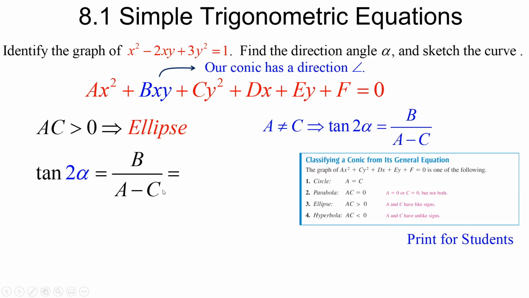And that equals, well, what's our B here? It's negative 2 over A, 1, minus C, 3, 1 minus 3. And hey, that looks like a negative 2 over a negative 2. That equals 1. I love it when tangent has an output of 1 because I already know tangent of any angle equals 1 implies that angle would have to be pi over 4.